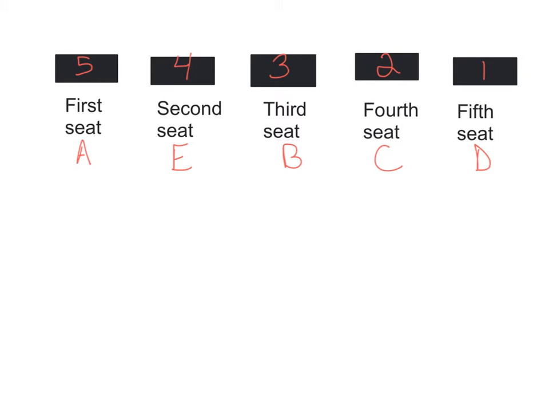So how does that help us determine how many possible choices I have to fill these first 5 seats? Well, what we are going to do is multiply each of these numbers together: 5 times 4 times 3 times 2 times 1.